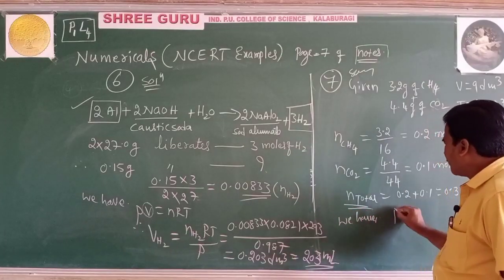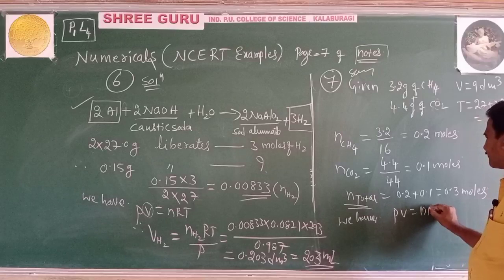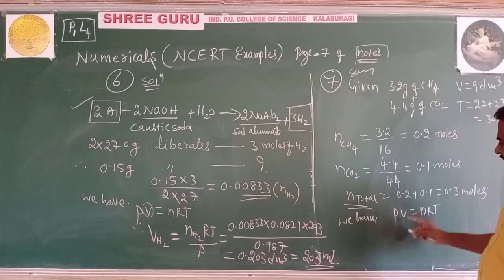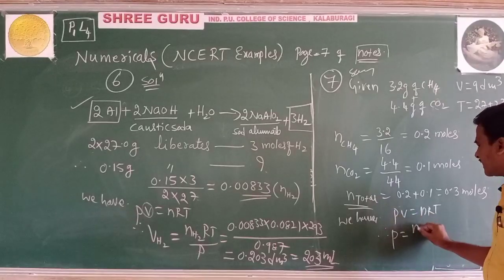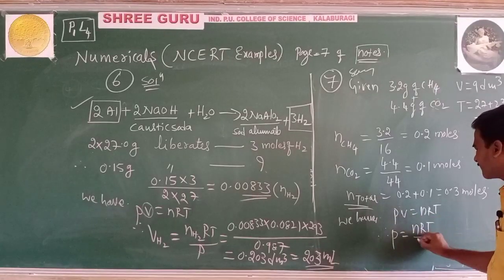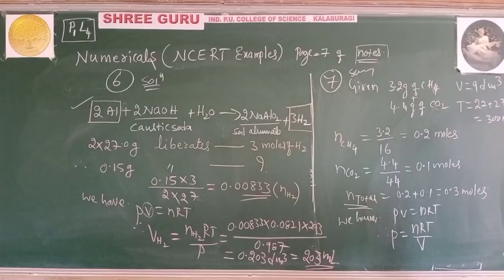Then you have the equation PV equals nRT. Then calculate P. Therefore, P equals nRT by V. N total is 0.3.